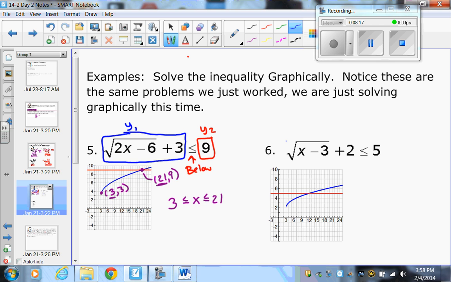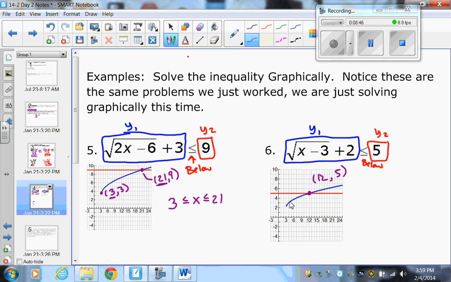On example 6 here, we're going to type this left side into y1, type 5 into y2, and again, less than means below. So when is the blue graph below the red graph? The first thing I'm going to do is calculate their intersection, which happens to be right here at (12, 5).